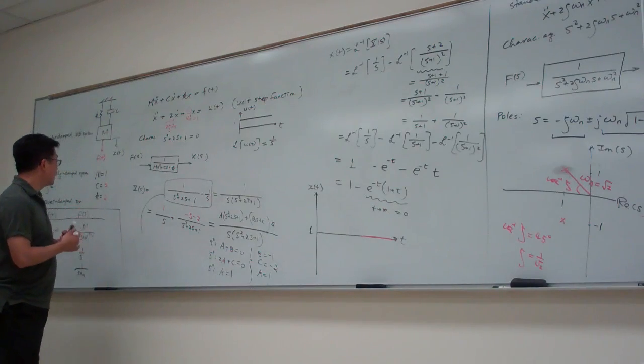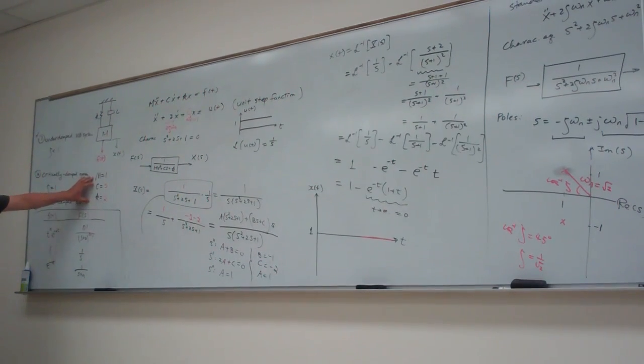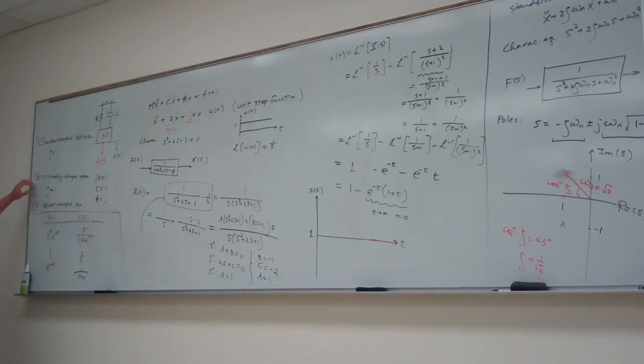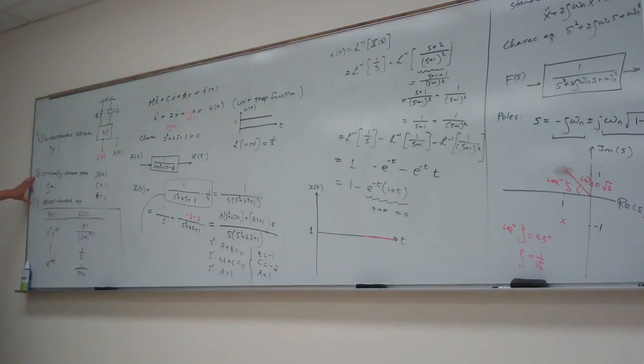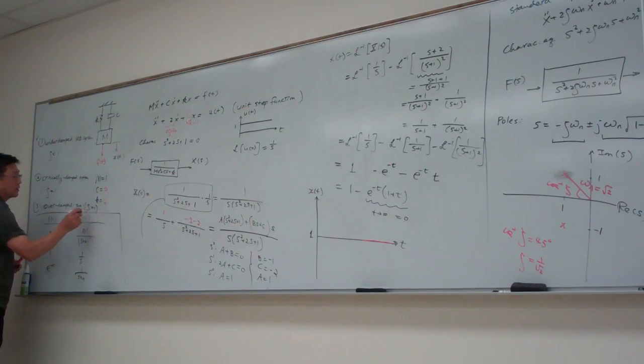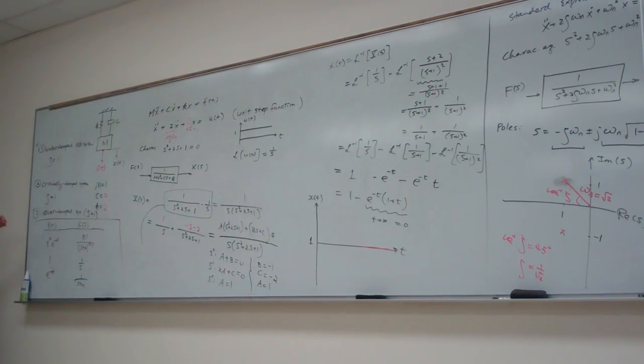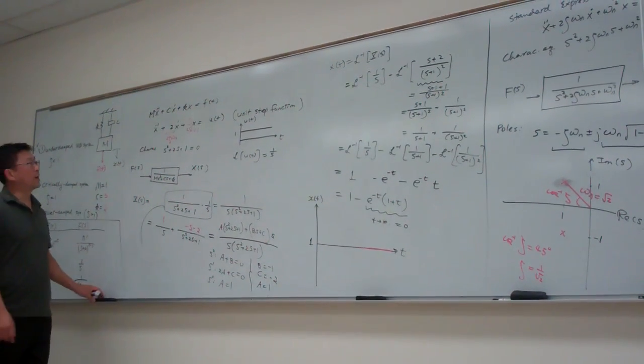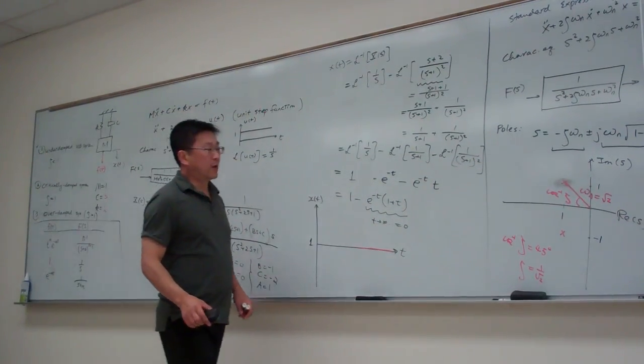This one even, for the analysis of the critically or overdamped system, the damping ratio is greater than or equal to 1. Oh, my mistake here.